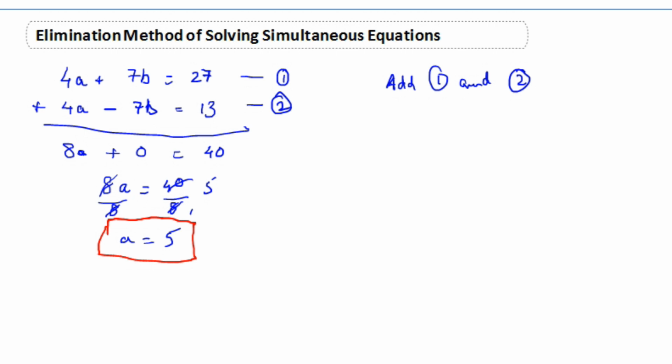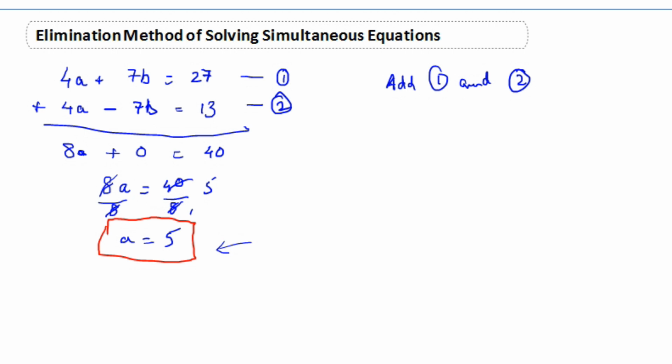Once I've got the value of a, I can substitute or plug in this value in any of the two equations that we have, and we can then solve for b and find the value of the other variable. So I'm going to plug it into equation number 1, and the reason I do that is because negative signs may cause a little bit of confusion, though they shouldn't, but still it is easier with addition.